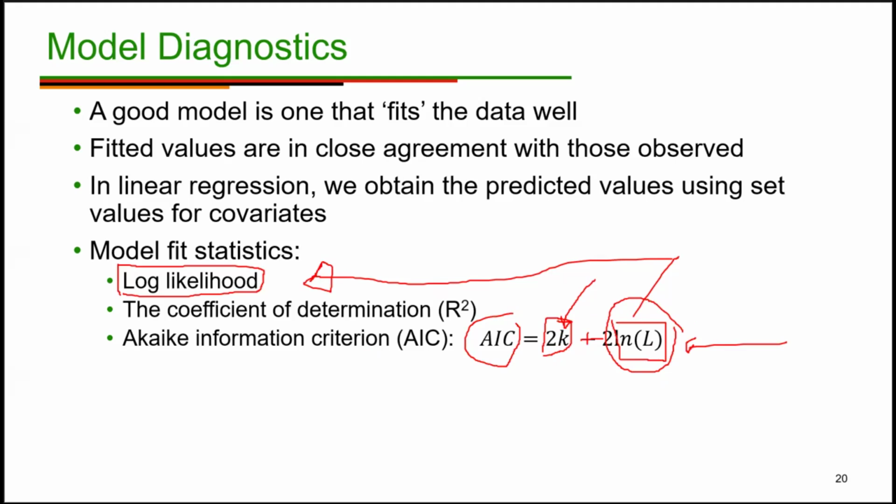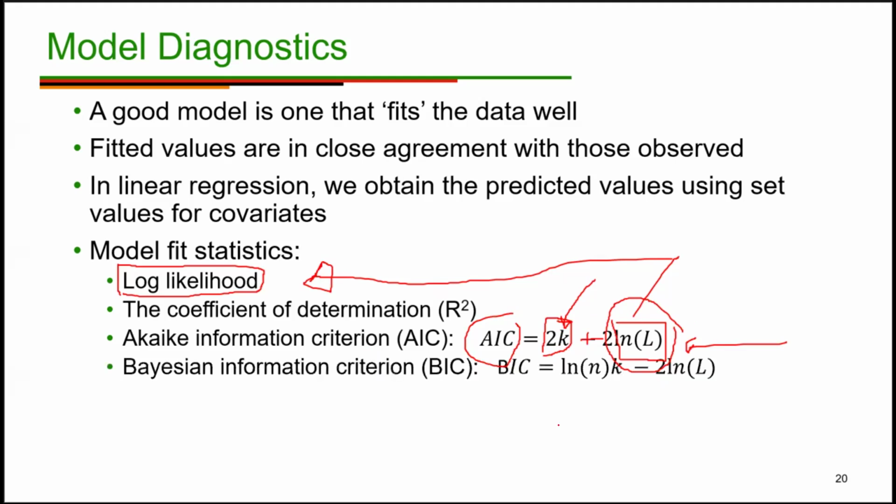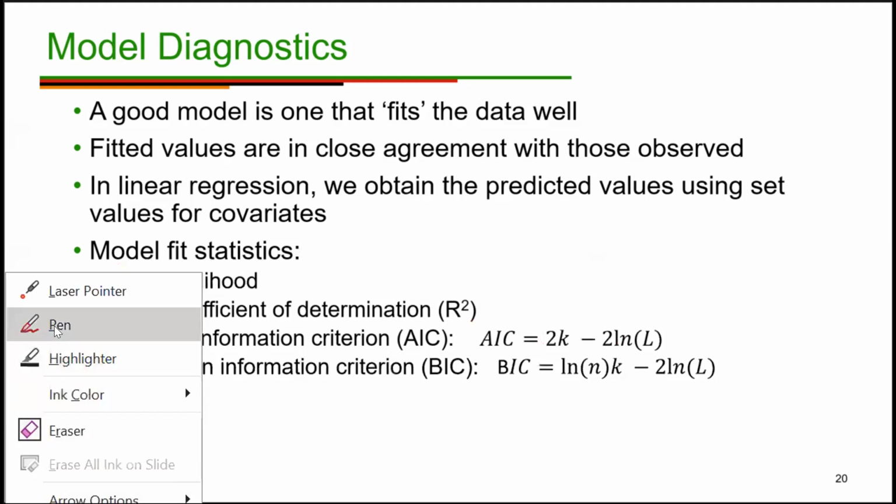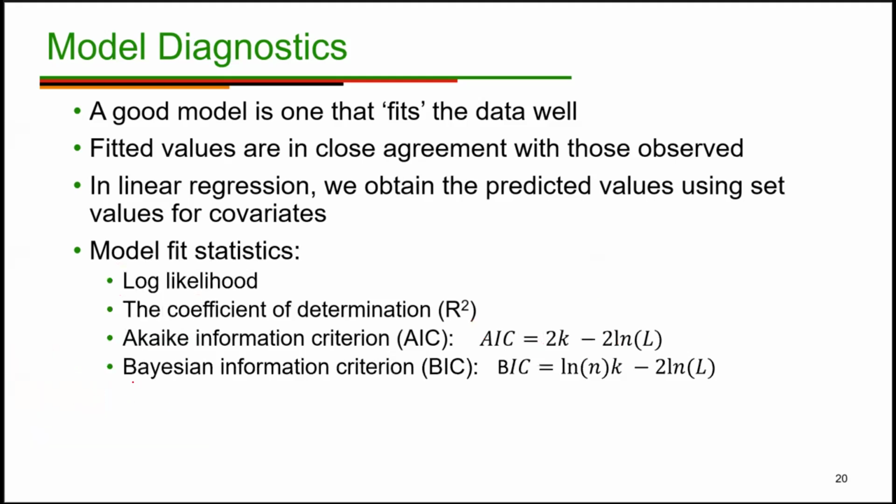You'll see this when we go to the regression model. The BIC is also similar, and both of these statistics are usually reported by the regression. Your BIC is similar to the AIC, only that it uses the Bayesian approach, but it also has a similar log likelihood function. Instead of using a 2 here, it uses the natural logarithm of the number of observations that you have in your model.